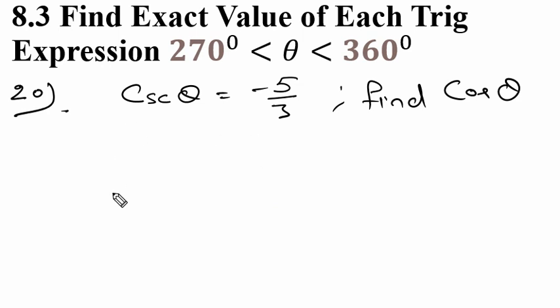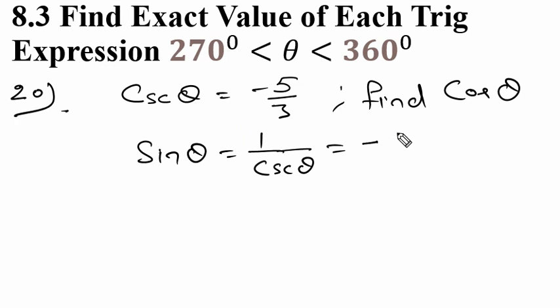In this one we will need multiple steps. I will find sine first. Sine is the reciprocal of cosecant, and that will give you negative 3 over 5. I hope you have no problem with this one.